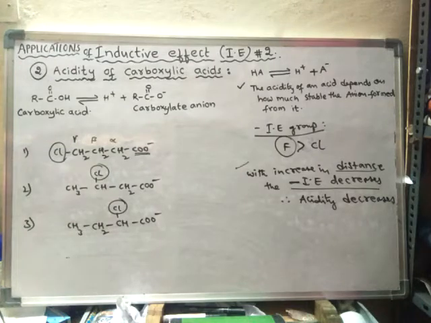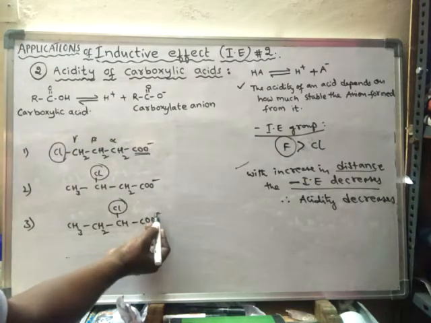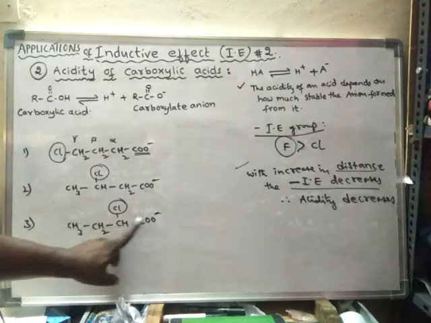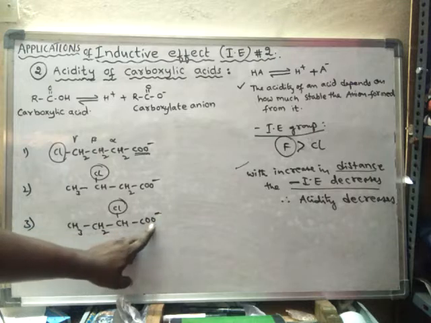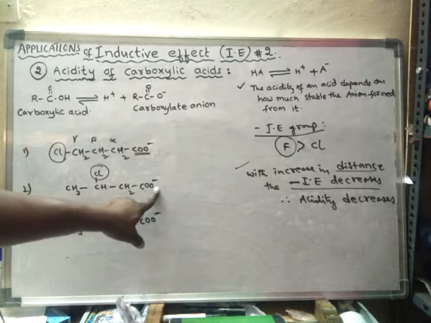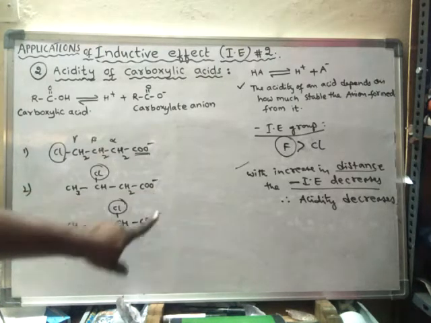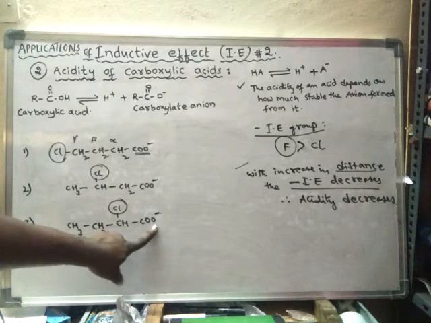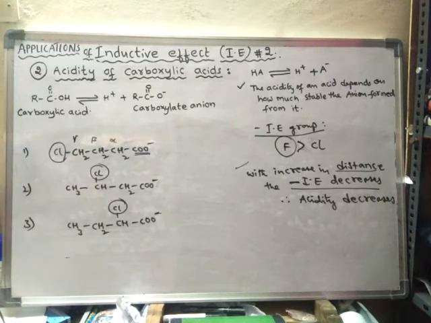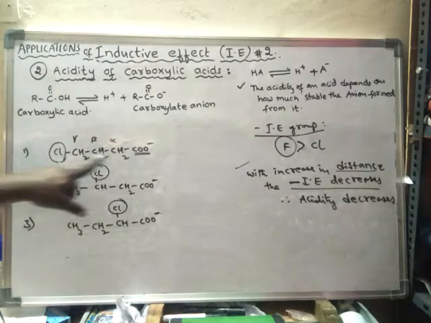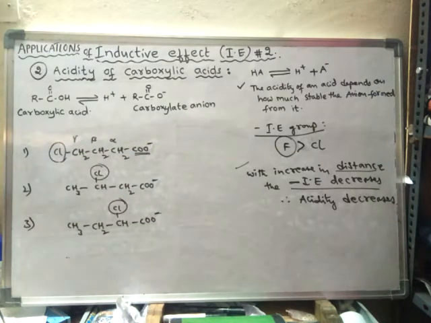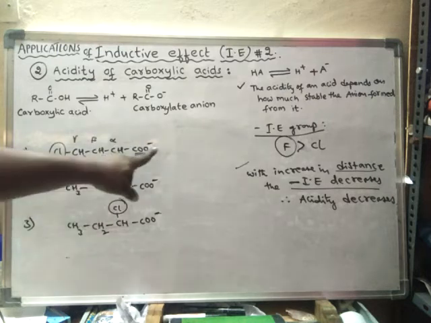Whenever minus IE is more, the electron density is pulled by the chlorine to more extent. So this chlorine will decrease the electron density on this oxygen to more extent. But the decrease in electron density on this oxygen is somewhat less, because this chlorine is somewhat far away from the group. In this one, the chlorine is still farther away, so the decrease in electron density is not that much.